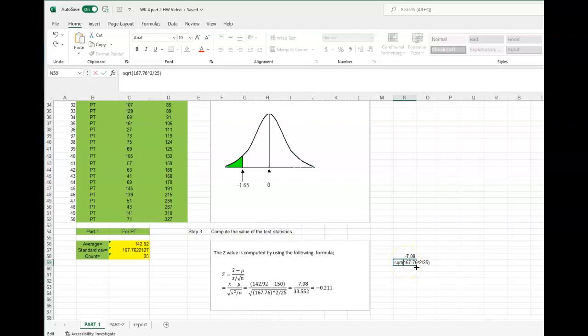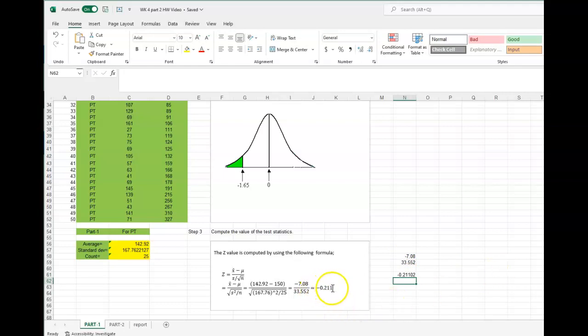Let me put another parenthesis here just to make sure. Okay, and then that's it. Oh, sorry, equal to, you have to put an equal to sign in front of it. Okay, there it is. So 33.52. Now this divided by that. So if I do here equal to this divided by that, enter, that gives you negative 0.211.